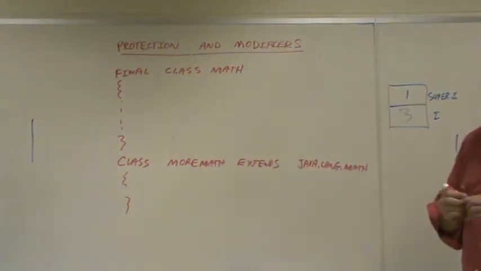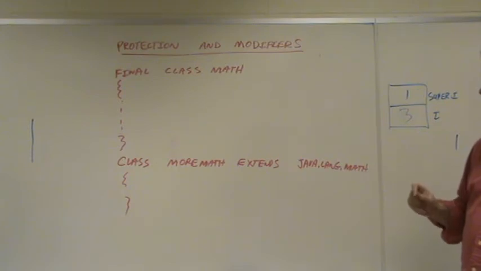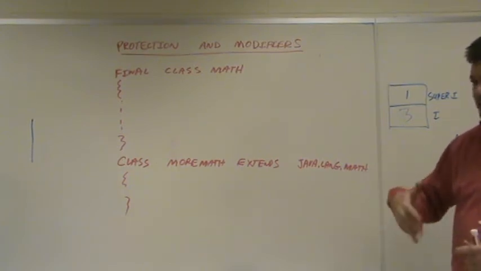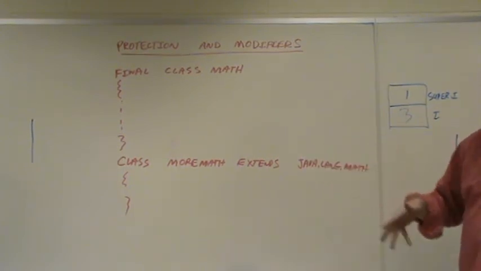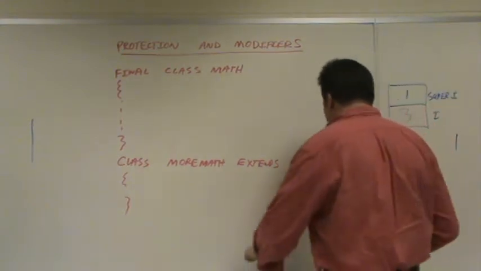So when you're the creator of a class, you can make this class final, meaning nobody could ever inherit from you. They just take it as is, and there's no inheriting from the class.